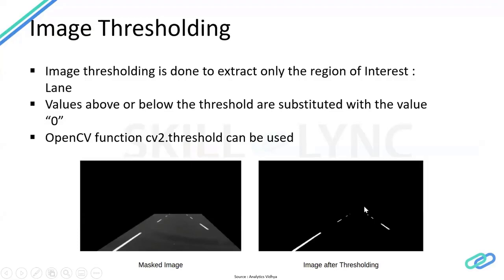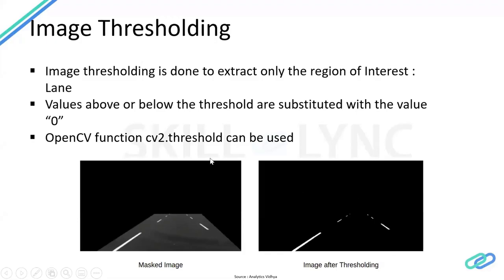That's the highest value. So you can easily filter out regions that are not of interest by running some kind of algorithm where you say that if you come across any pixel value that is less than the value that I'm interested in, convert it into 0 and only keep those pixel values that are higher.